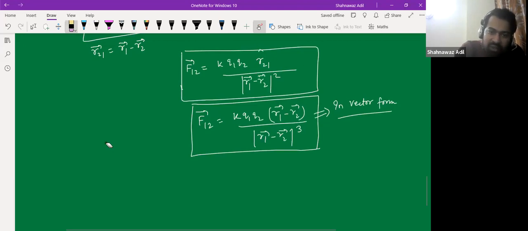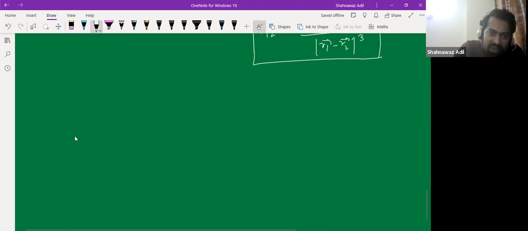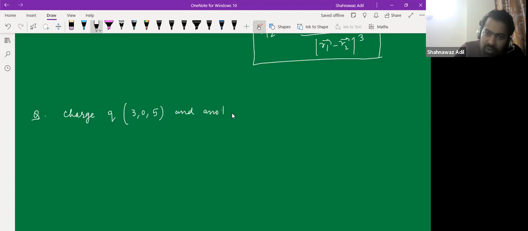So let's say if we do one question, then it will be clear. Charge Q is placed at, let's say, 3, 0, 5, and another charge, let's say Q again, is placed at 2, 3, 4.